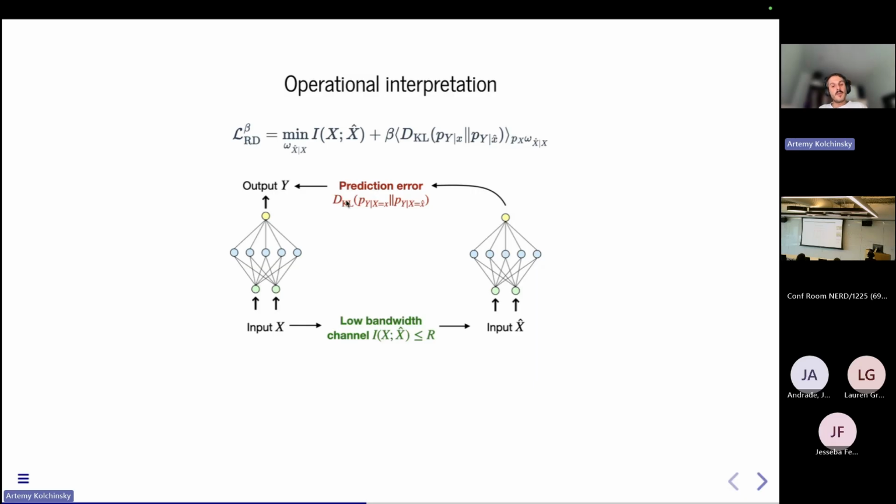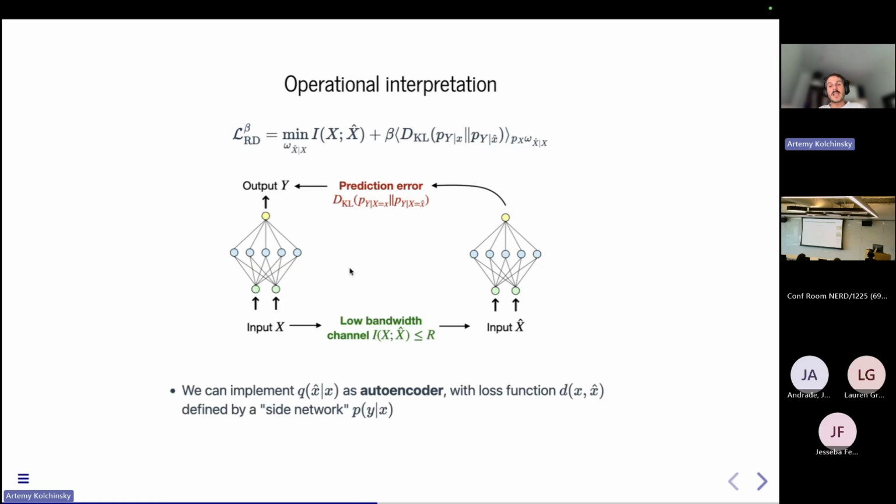If you squint, you might see that this is basically a kind of autoencoder, right? Except we're going to penalize the information transmission across the middle of the autoencoder. And instead of having some arbitrary loss function for the autoencoder, like mean squared error, our loss function is itself going to be based on the prediction of what I called earlier the side random variable, the prediction of the target via this network.